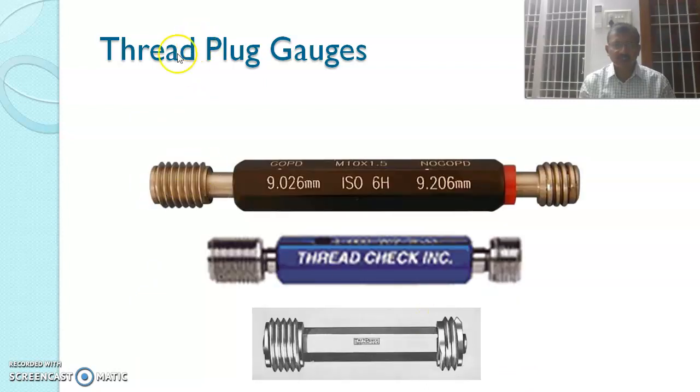This is a thread plug gauge. This end is the no go end, and this end is the go end. The go end is made longer and the no go end is made shorter.